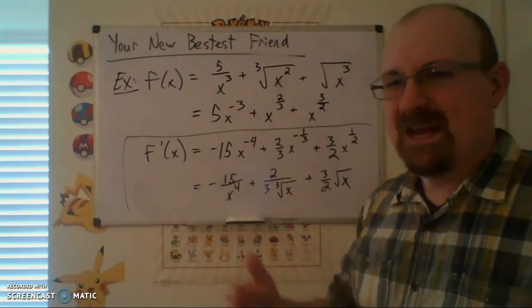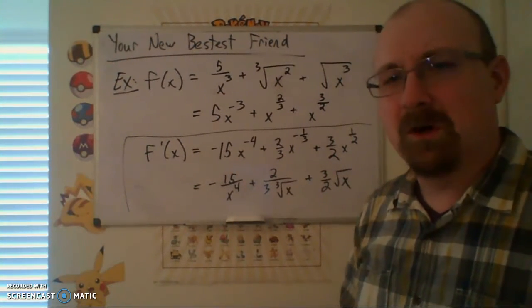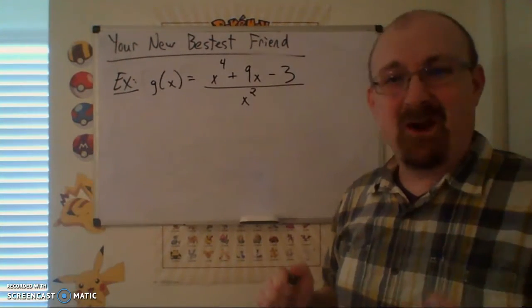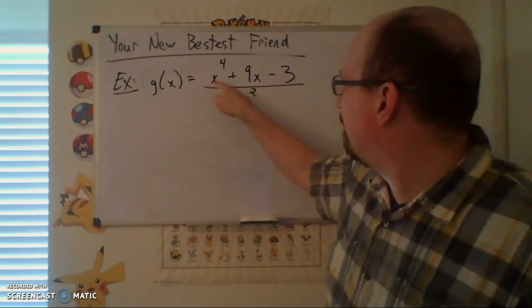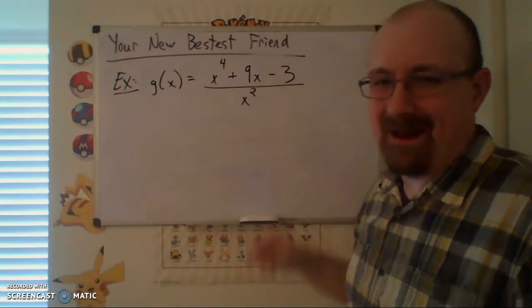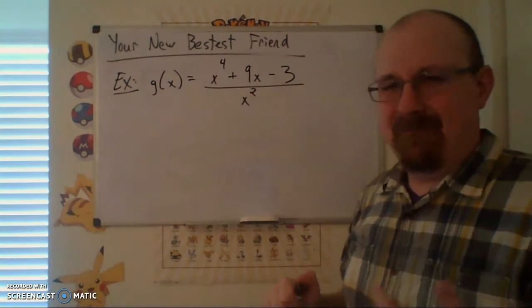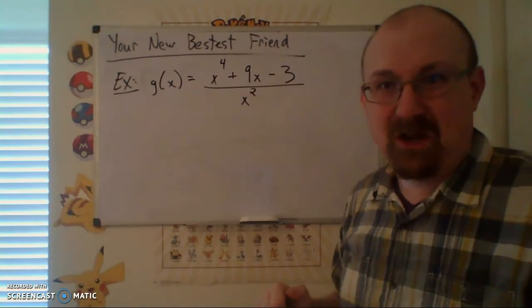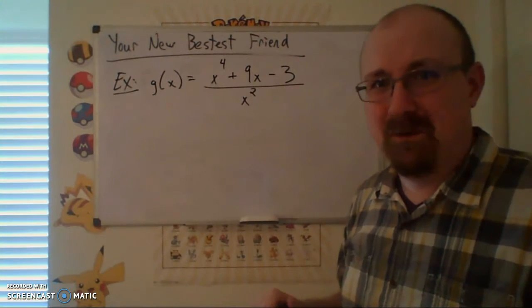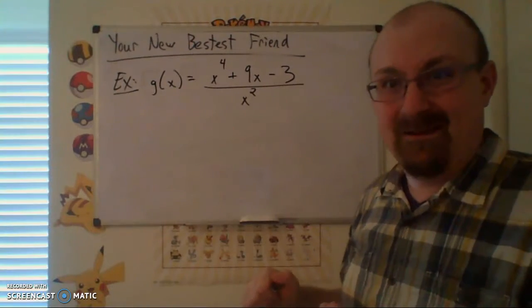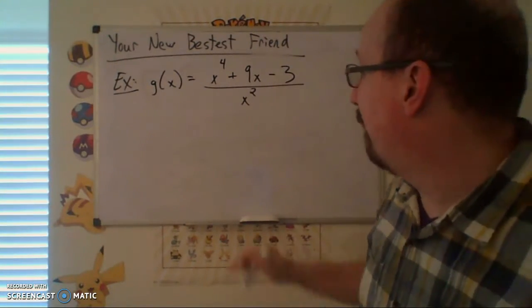All right, so I want to take a look at another, similar situation. Give me a sec to erase this. All right, so here we've got a rational function, x to the 4th plus 9x minus 3 all over x squared. Again, if you go poking around on the bestest friend sheet, there are different ways you can handle this, but I think the most elegant way of dealing with it is to, like last time, do some algebra beforehand.